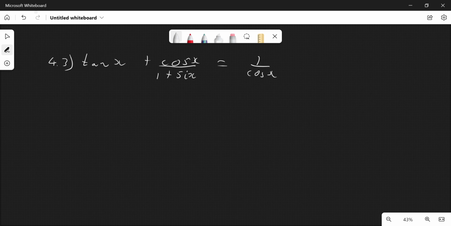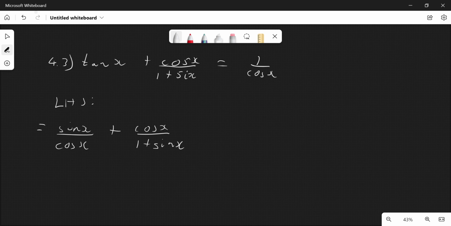Let's deal with our left hand side because that looks more complicated. Immediately I'm going to spread out the tan x, so we have sine x over cos x plus cos x over 1 plus sine x.